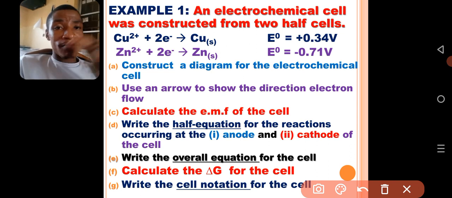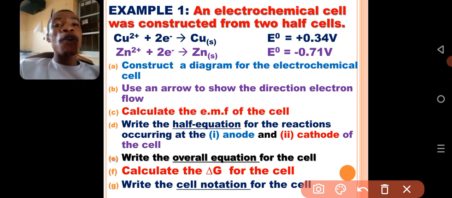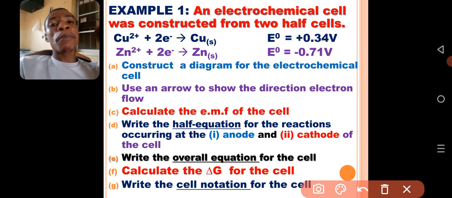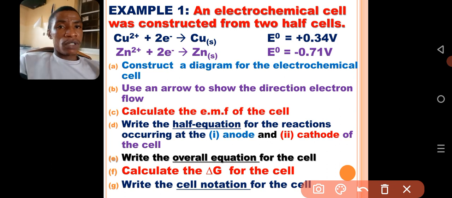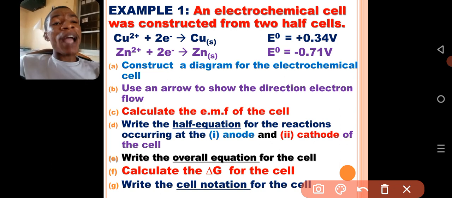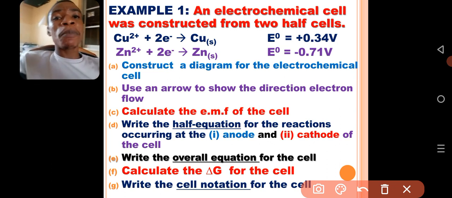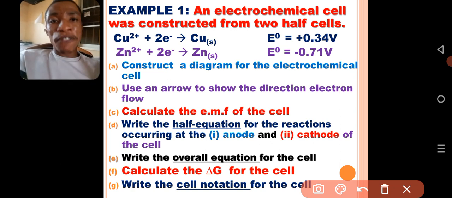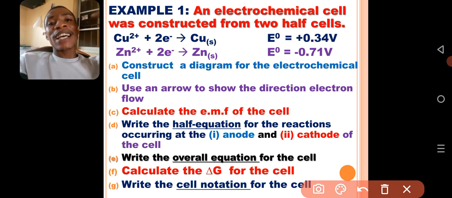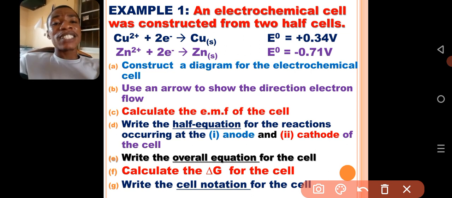And I taught you before this page that the one with higher reduction potential is the cathode. As you can see, copper has higher reduction potential, +0.34, so it's going to be the cathode. Or if you consider their position also, copper is lower than zinc in the activity series, so copper will still be the cathode. So take note of that.